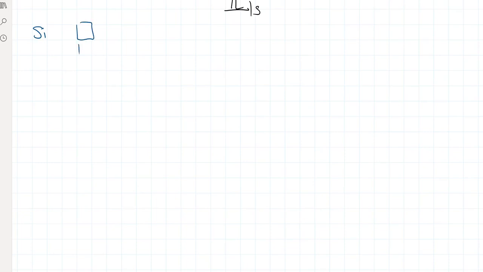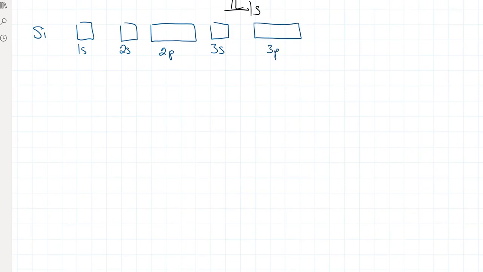We have our 1s orbital, our 2s, our 2p, 3s, and 3p orbitals are going to be the important ones we need for silicon, and we have three of each of our p orbitals. All I did is draw my energy scale running left to right instead of up and down, so it looks a lot like the orbital diagram, just tilted sideways. This is going to help us fill this in.